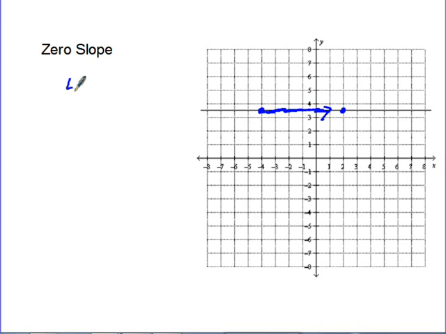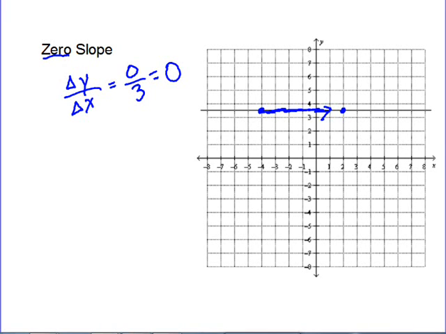So the change in y in this case is equal to 0, and the change in x could be any number. But 0 divided by any real number, let's just use 3 for this instance, is still going to be a slope of 0. So a horizontal line is an example of a zero slope. In fact, any horizontal line will have a zero slope.